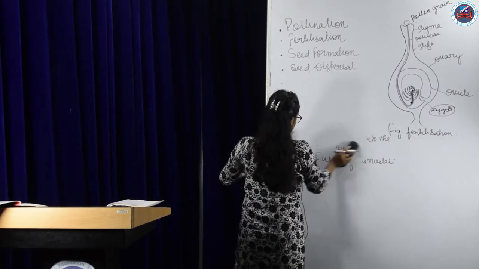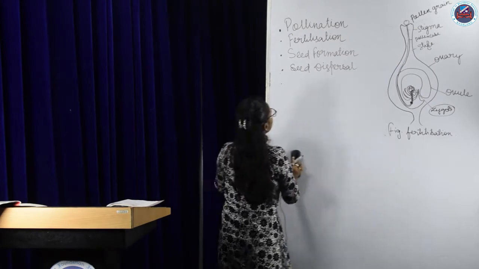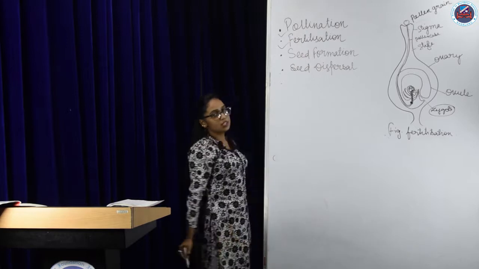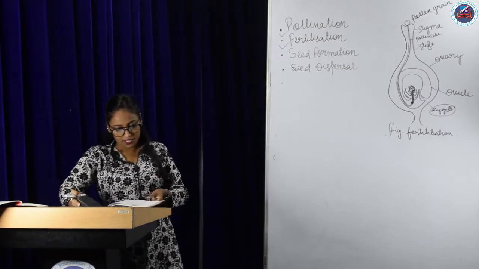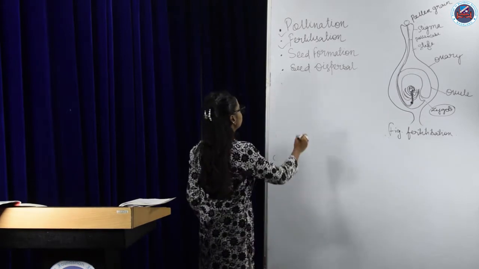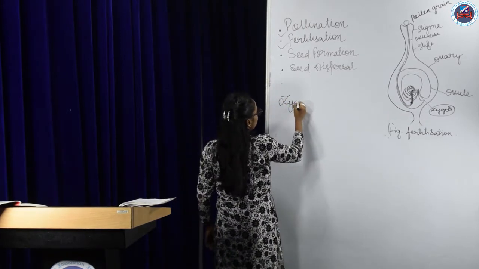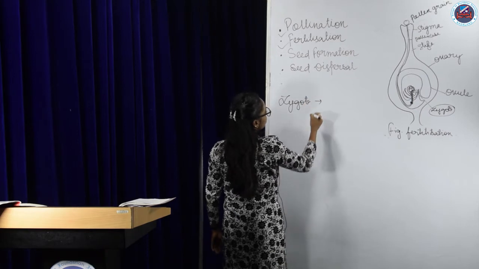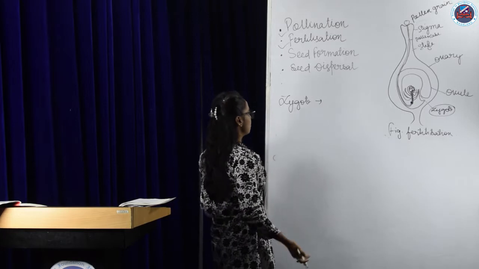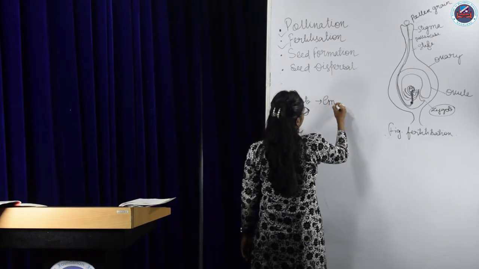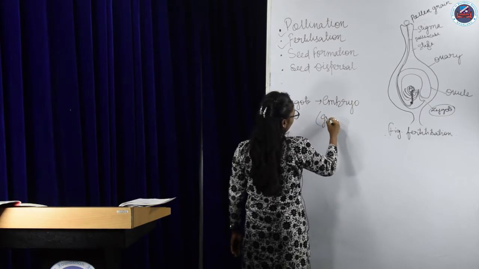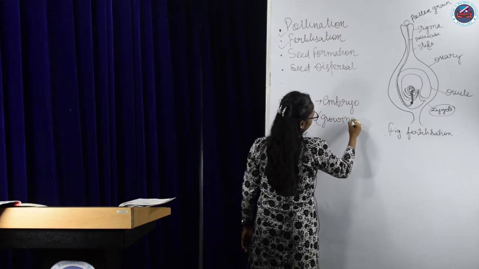After fertilization is done, from here what have we done? We have done pollination, we have done fertilization. Now next, after fertilization, the zygote is formed, right? Now this zygote starts to divide itself into small groups of cells, which is called the embryo, or the growing plant, or you can also name it the developing plant.